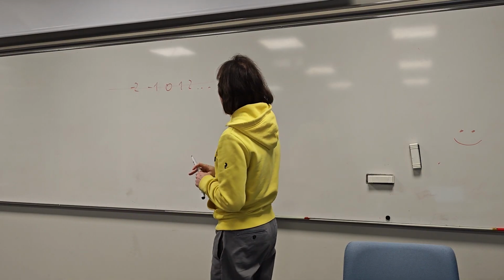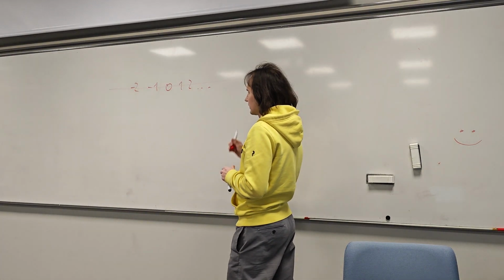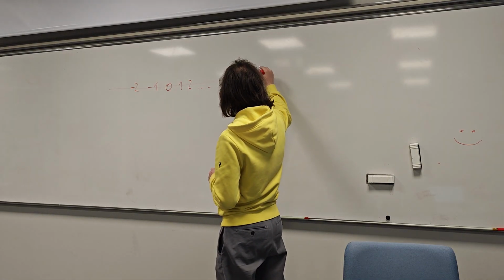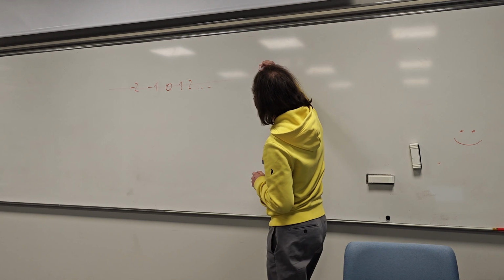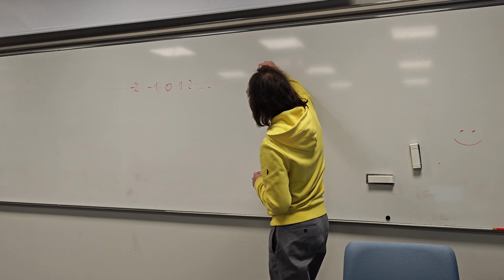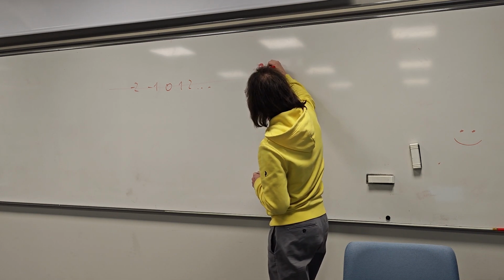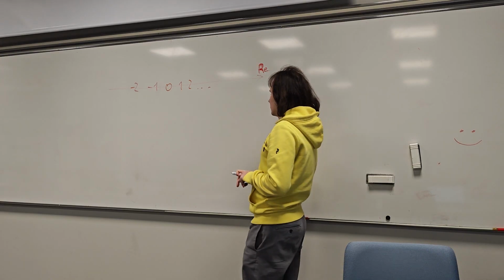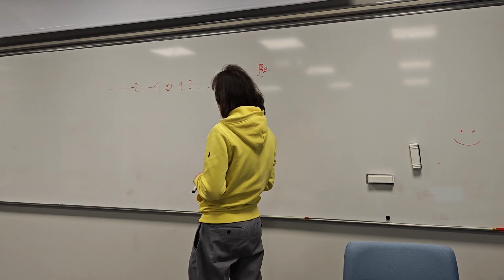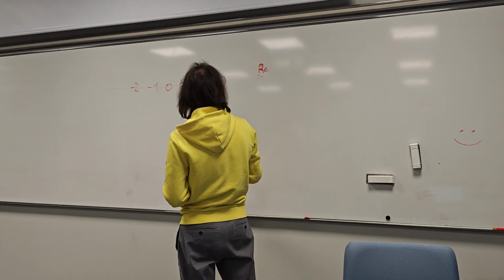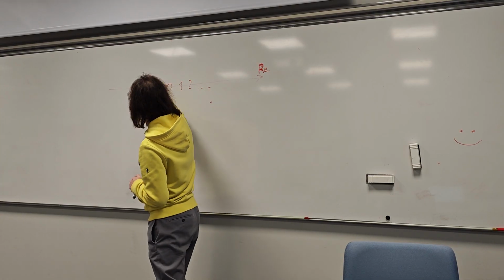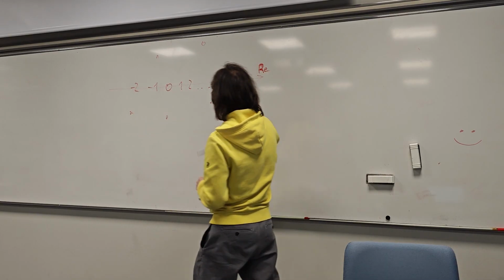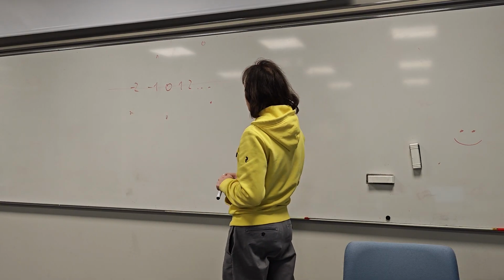If we draw the numbers axis, this is the real axis, and it's usually marked as Re. But not all the numbers lie on this axis. Some of them may lie somewhere here, out of this line, and these are complex numbers.